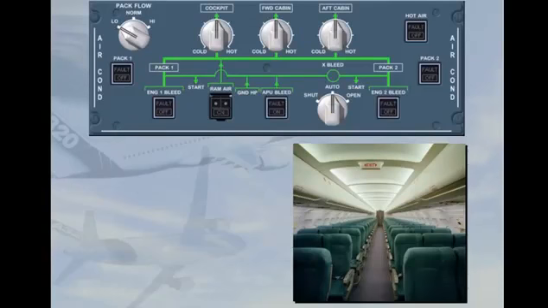In situations of low passenger numbers, the pack flow selector can be set to low. This has the effect of reducing the bleed demand from the engines and will therefore save fuel.